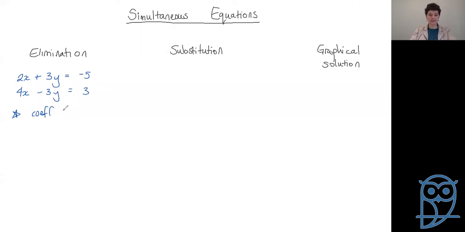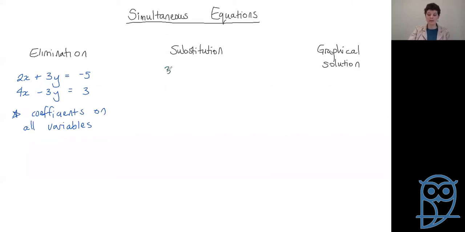Coefficients on all variables. Okay, they're all greater than or less than 1. We're not dealing with that plain x, that plain y. When it comes to substitution, that's where our plain variable comes in.